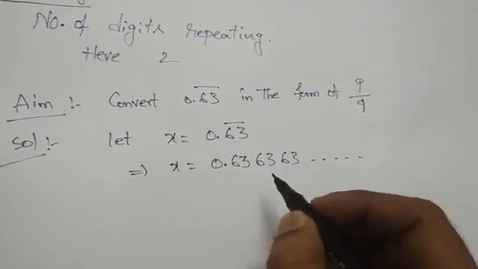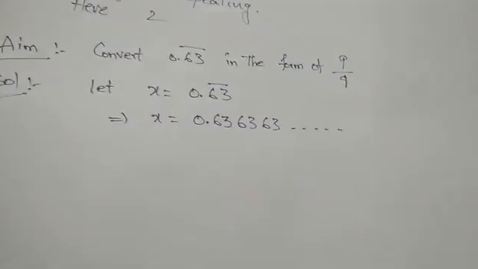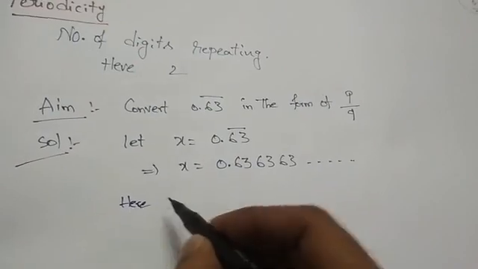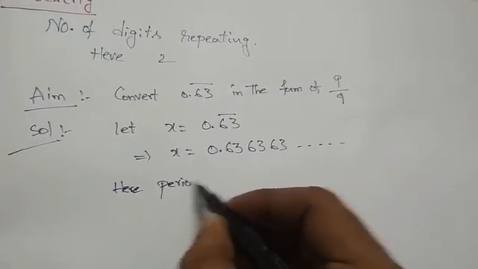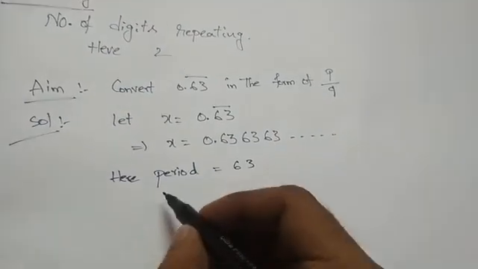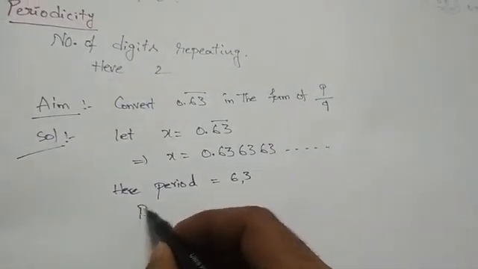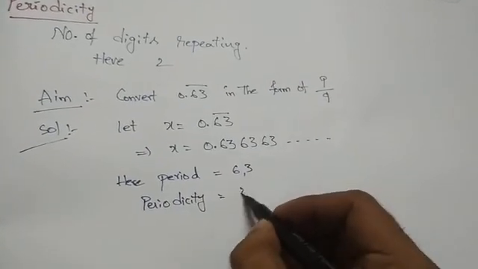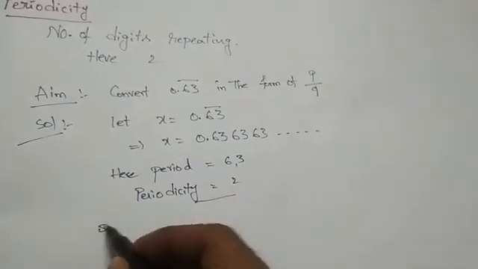You can take only 4, or only a few also. Now here we'll write these most important steps you have to write for every problem. Period is equal to 6, 3. Periodicity is equal to how many digits are repeating here? 2.